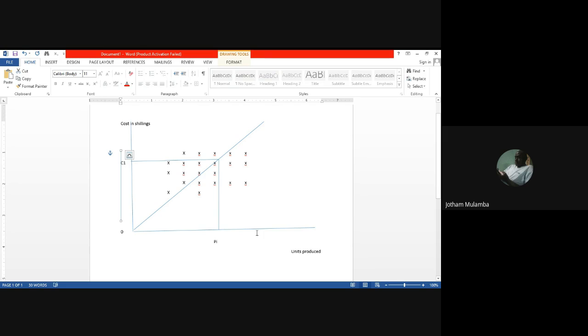As long as we are on this line, we can still estimate whichever way. If that's our level of production, we can call it P2.